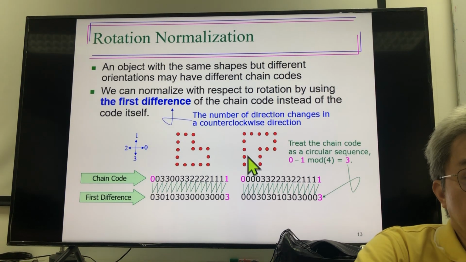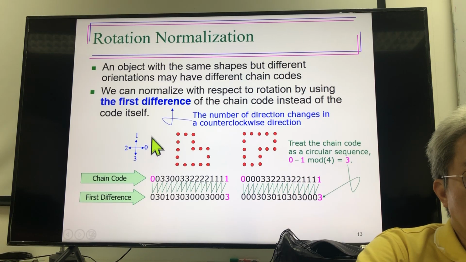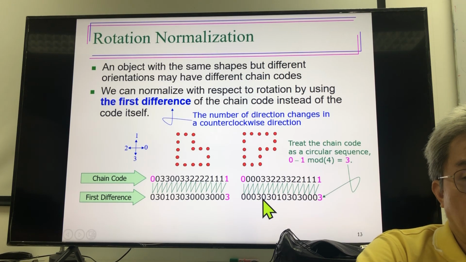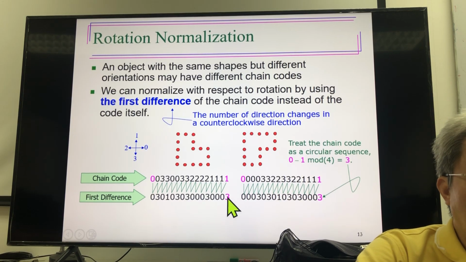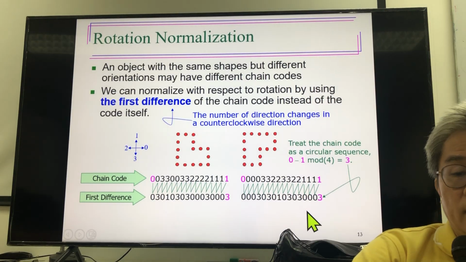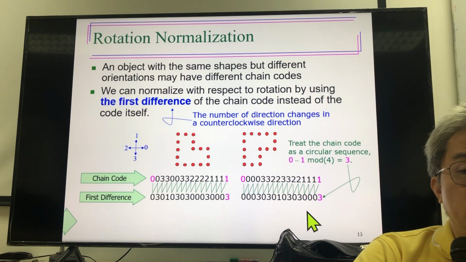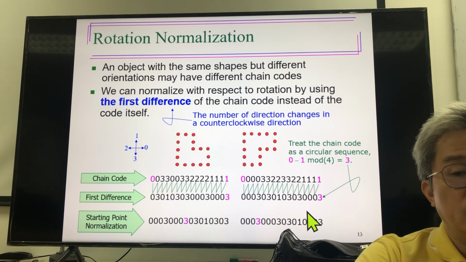So according to this shape, we did the same logic. 0 to 0, 0, 0 to 3 is 3, and so on. And then you choose the smallest values. This one doesn't seem to be the same, but if you choose the smallest values, the starting point normalization, you end up with the same chain code.